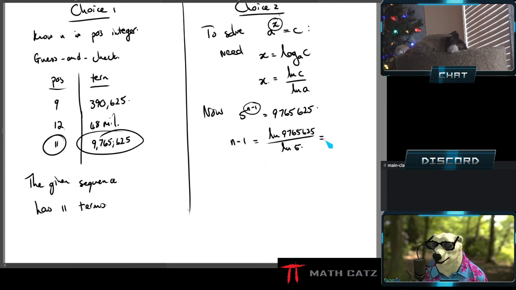So let's see if MathBot agrees with what we guessed and checked last time. Natural logarithm of 9,765,625 divided by natural logarithm of 5.